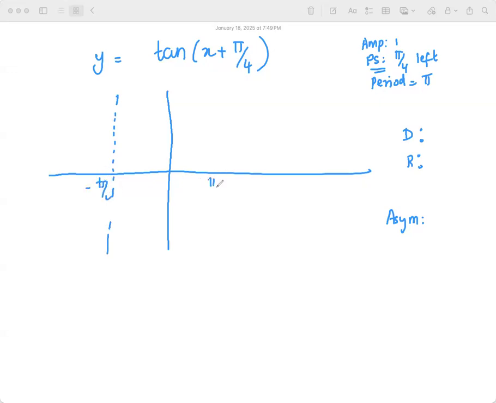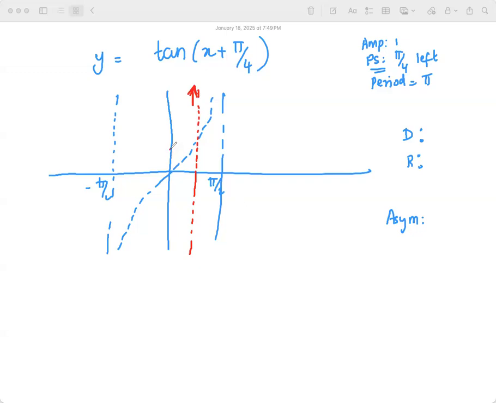Minus pi by 2, this is pi by 2. So the usual graph would have been like this. It's only amplitude 1, so that continues. Go ahead, Ritik. After the asymptotes, at x equals 0, the y value would be 1. Nice.